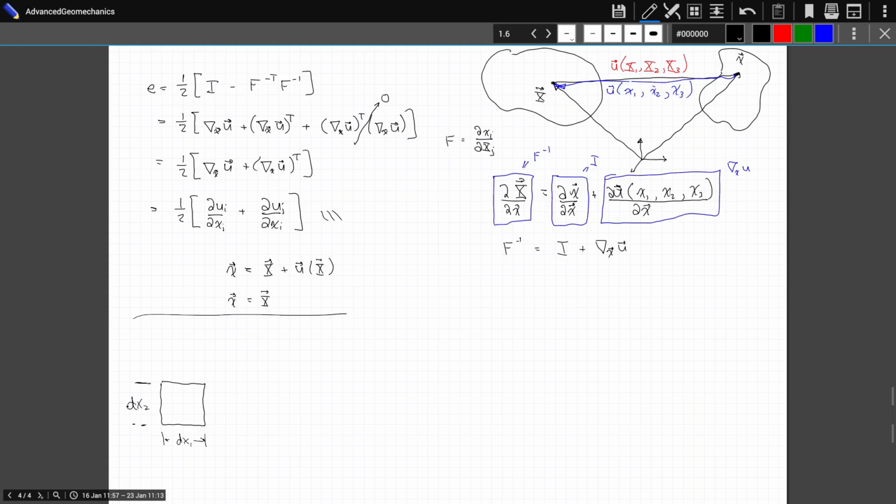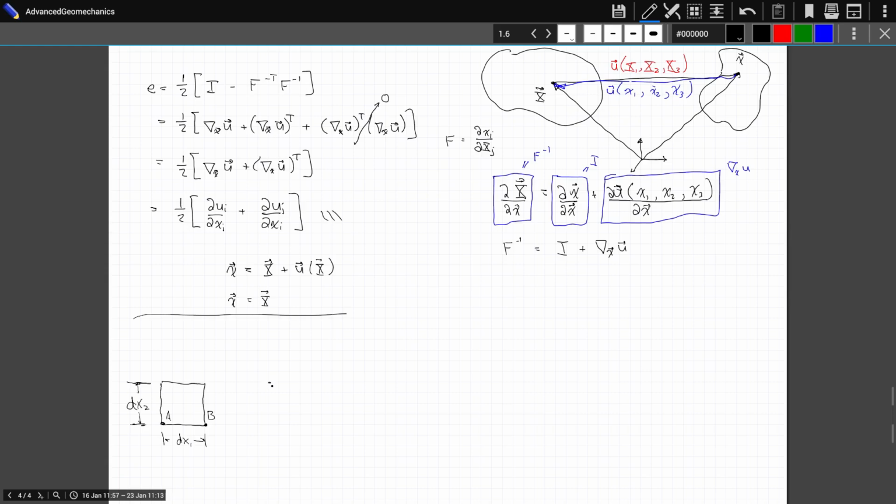Calling it dx obviously because we're saying this is an infinitesimal cube, right? Infinitesimally small. We're going to label this point A and this point B. All right. And then what we're going to do is we're going to deform and displace that cube.